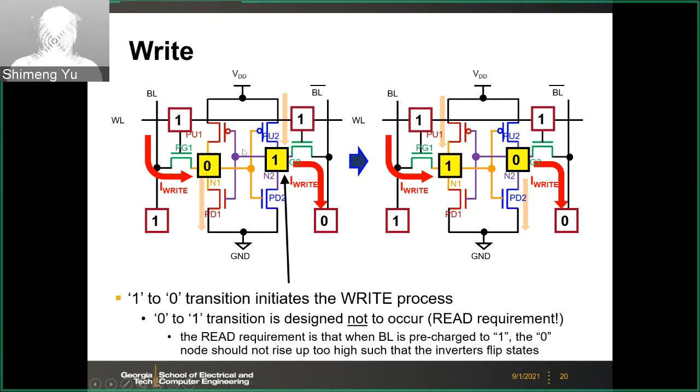So you have basically two phases in the write operation. Remember, 1 to 0 happens first, and then 0 to 1. Why is that? Because 0 to 1, by design, does not flip the data. This is the same as the read operation, as we mentioned earlier.